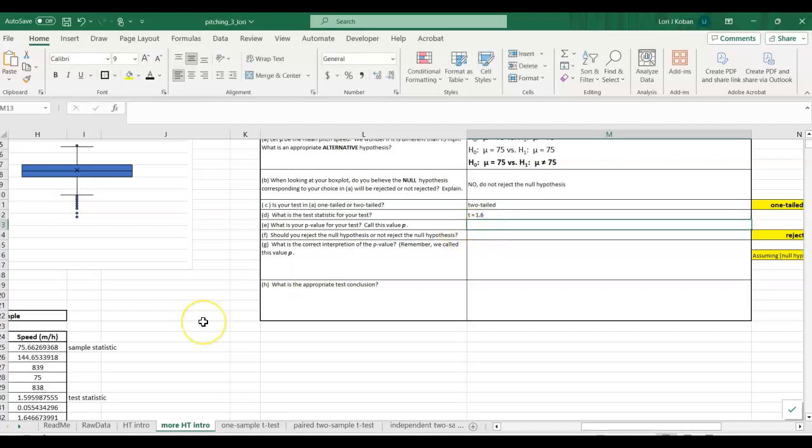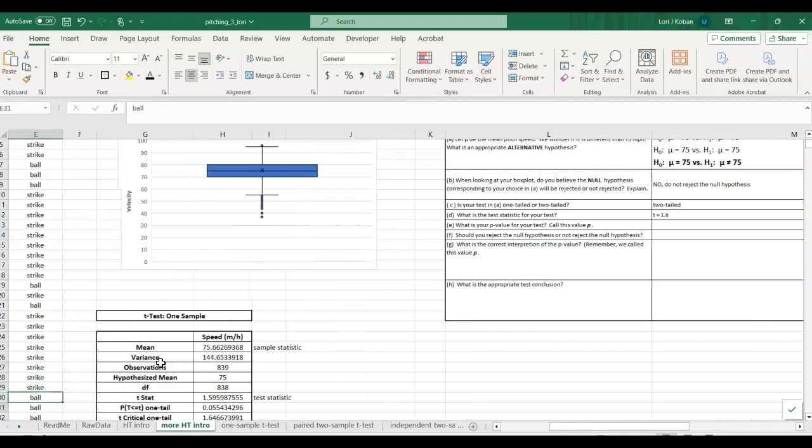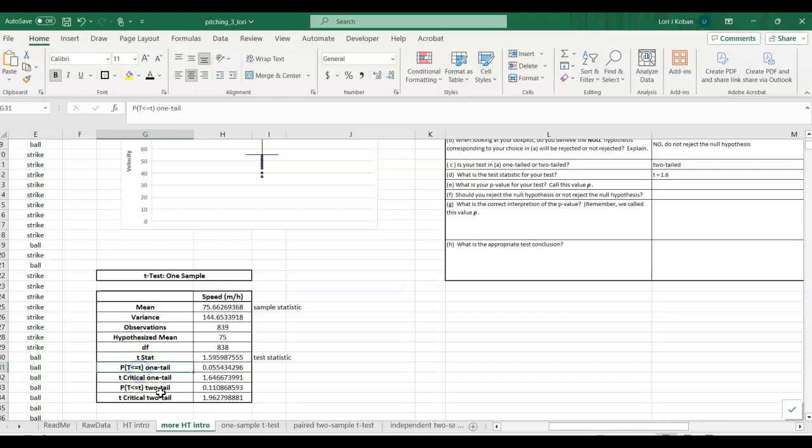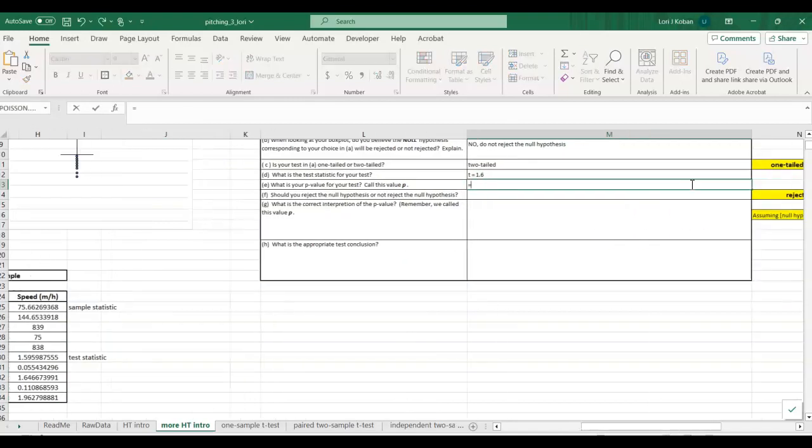Okay, what is your p-value? The p-value is this probability, but it's two-tailed, so this is our p-value. Let me just capture that. All right, and that's a little overkill, so we're just going to write 0.11.